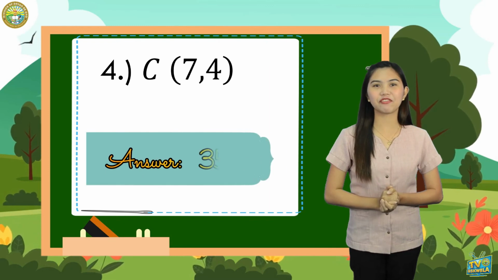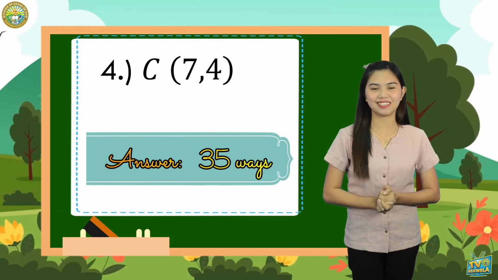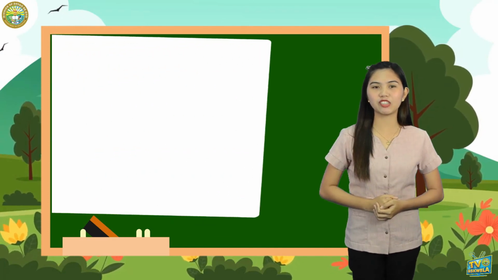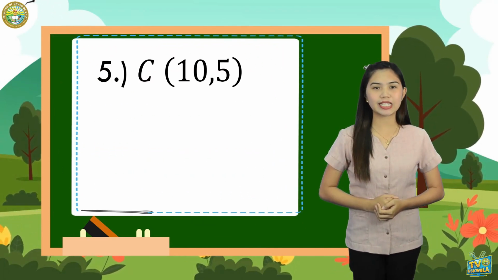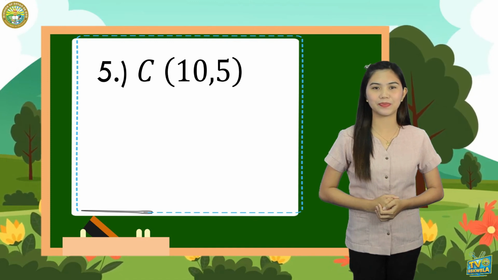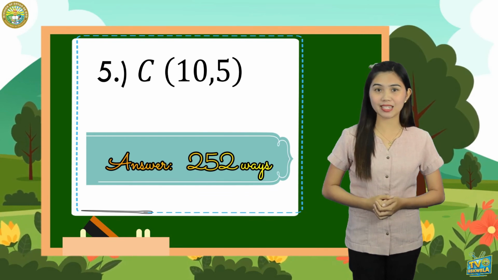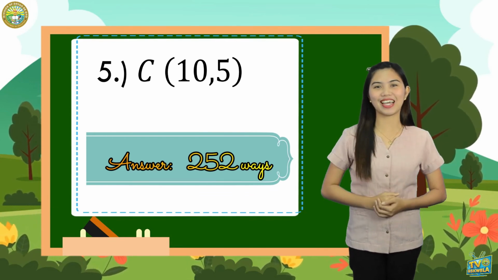Awesome! 35 ways. And last, number 5. Combination of 10 objects taken 5 at a time. 252 ways. You are correct.